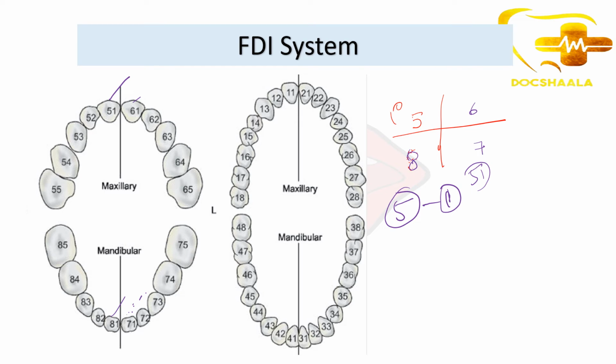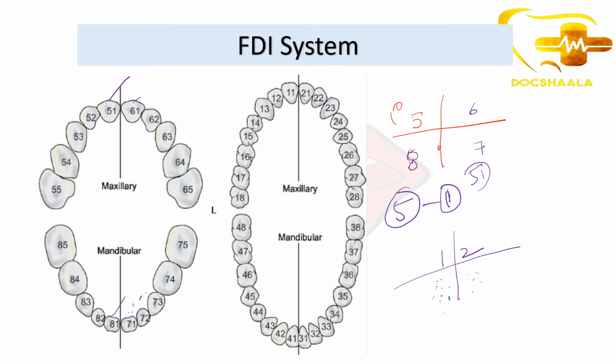The same goes with permanent. In permanent, the quadrant is divided into 1, 2, 3 and 4. The quadrant is divided like this.